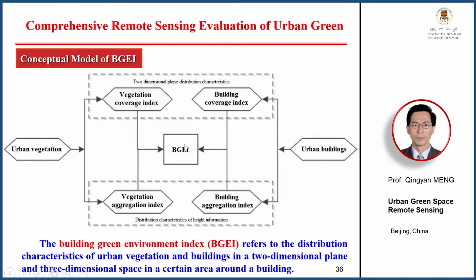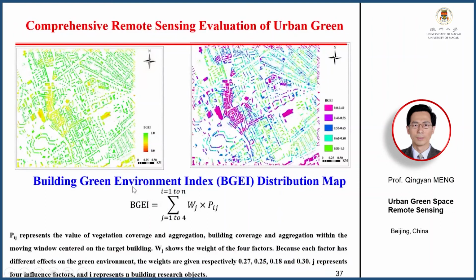We get the BGEI, the building green environment index, which refers to the distribution characteristics of the urban vegetation and buildings in a two-dimensional plane and a three-dimensional space in a certain area around the building. Then we make good use of the LiDAR height and the aggregation index. Then we get the building green environment index distribution map, and we get the equation.